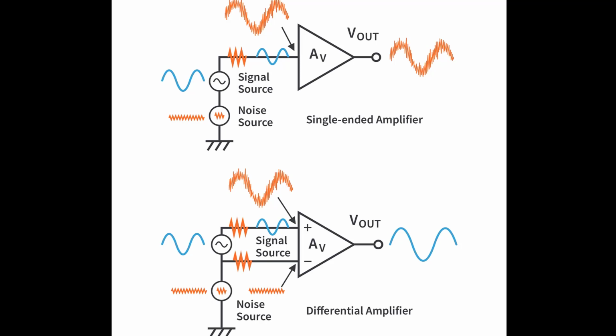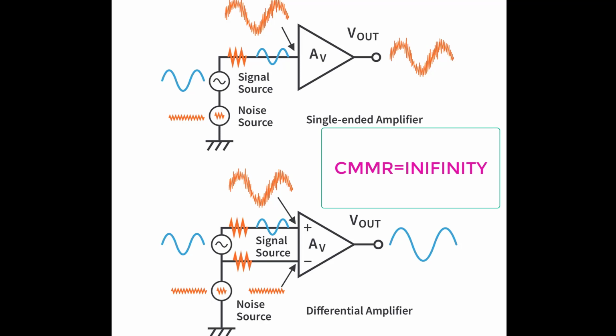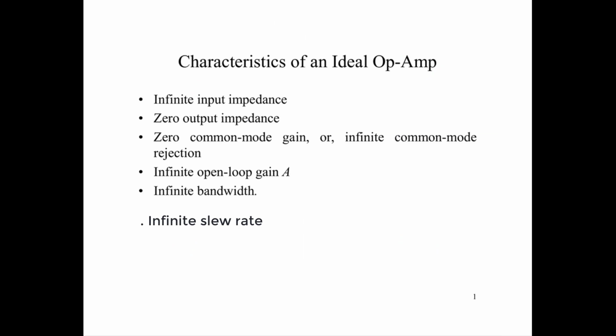So common mode rejection ratio means how well the op-amp is able to reject the common voltage applied at the input terminals. In the ideal case, the common mode rejection ratio must be infinite. These are the ideal characteristics of operational amplifier.